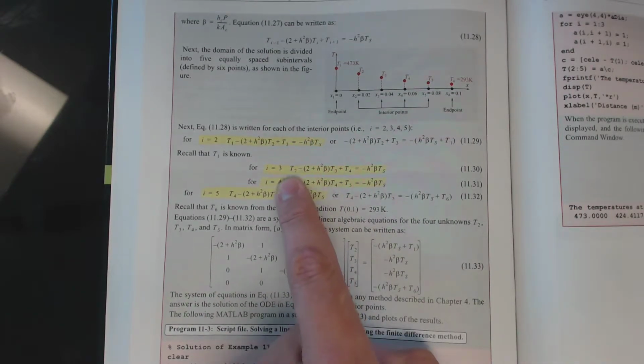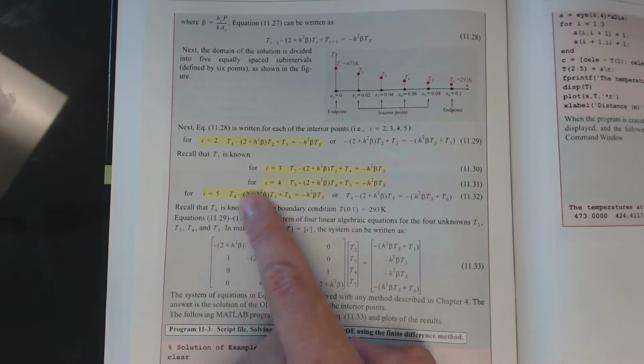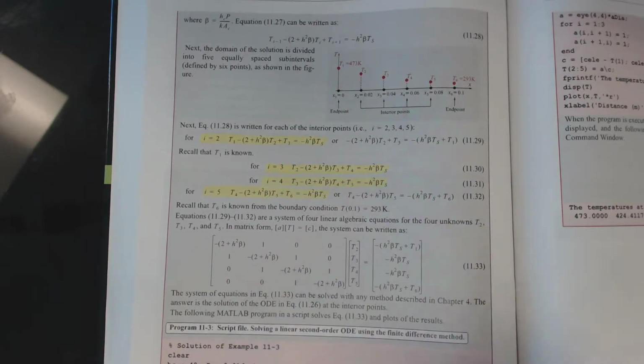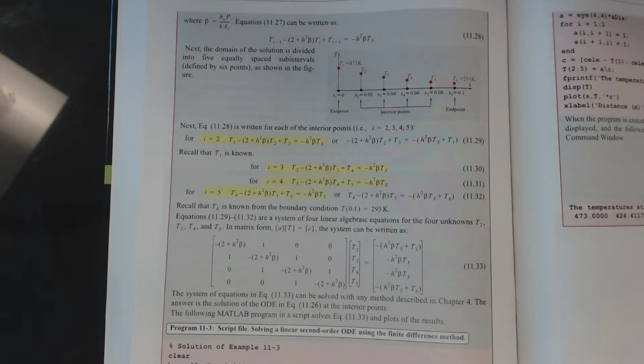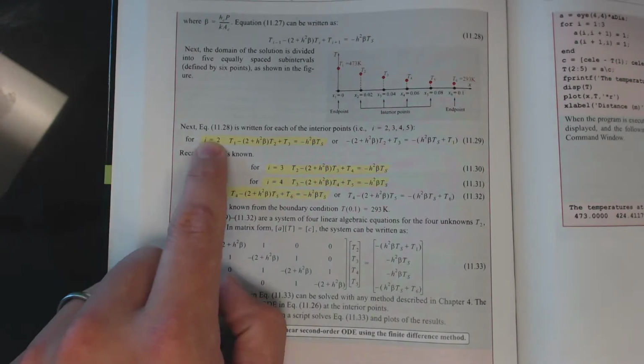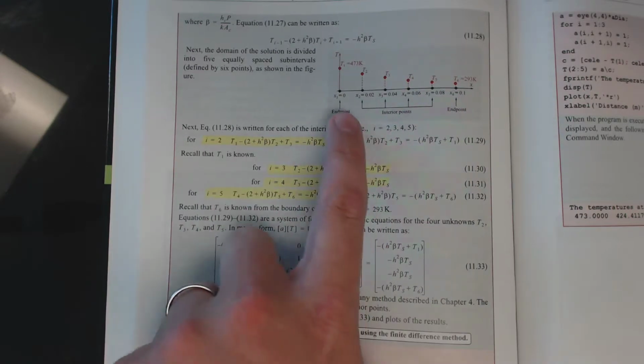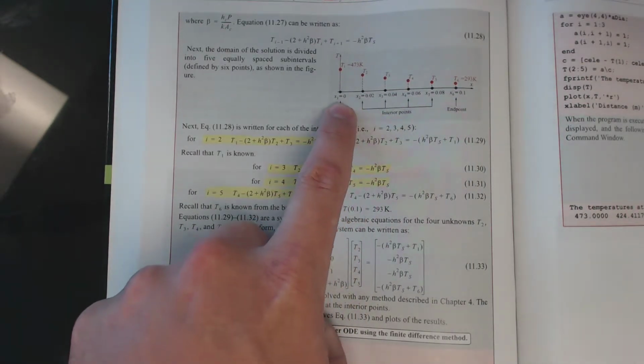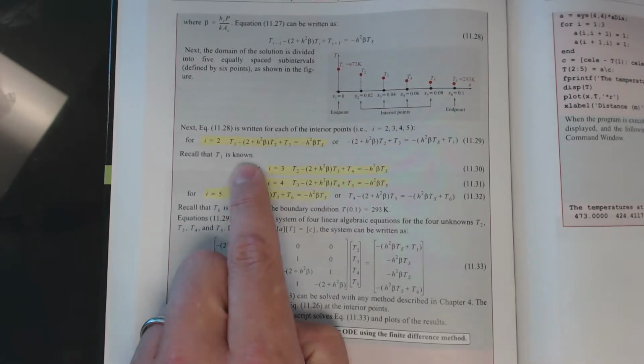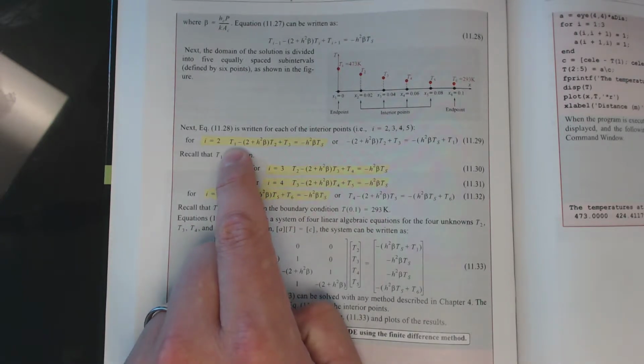Because the same thing happens for i equals 3, i equals 4, i equals 5. And in those cases, you are able to represent everything in matrix form. Notice one thing that's unique about i equals 2 and i equals 5: in the case of the second position, it's dependent on the point just left of it. So it references T1. T1 is known.